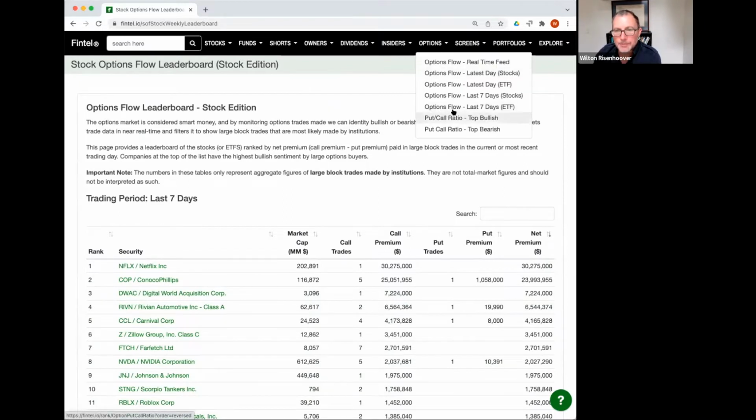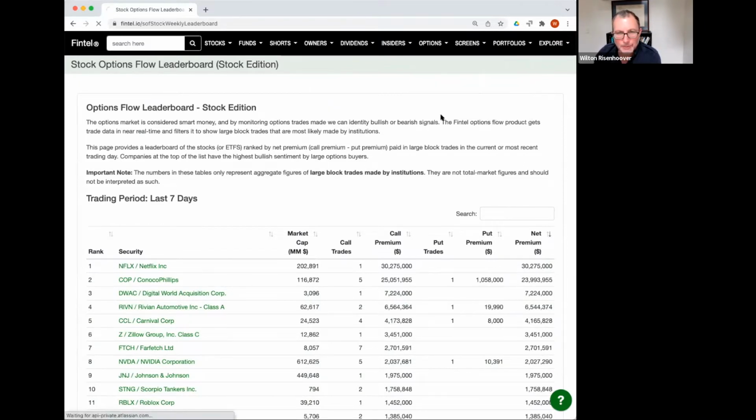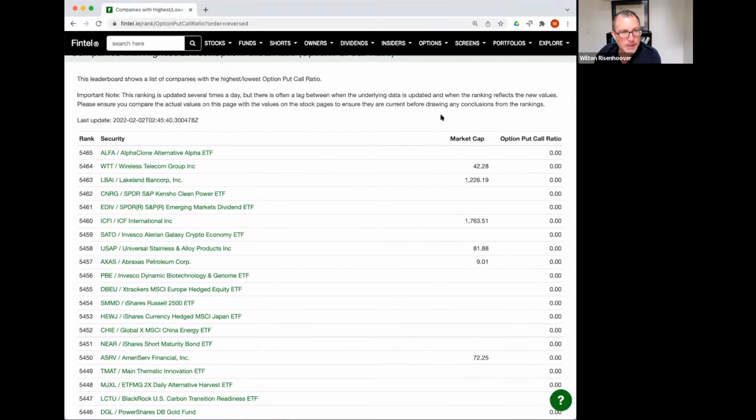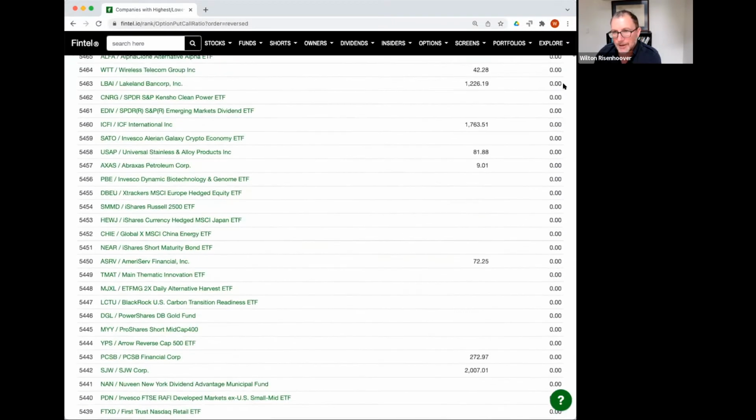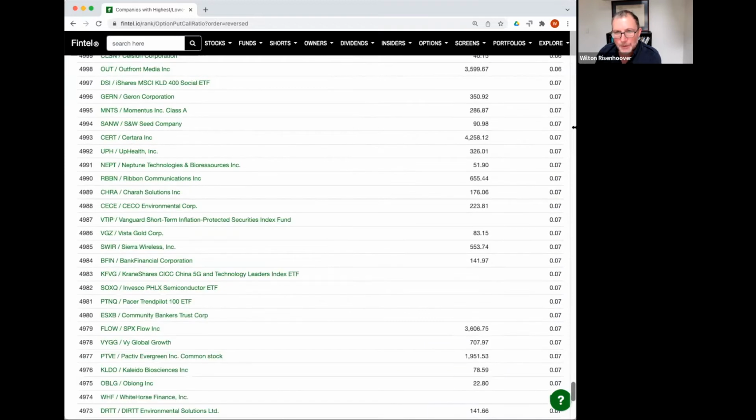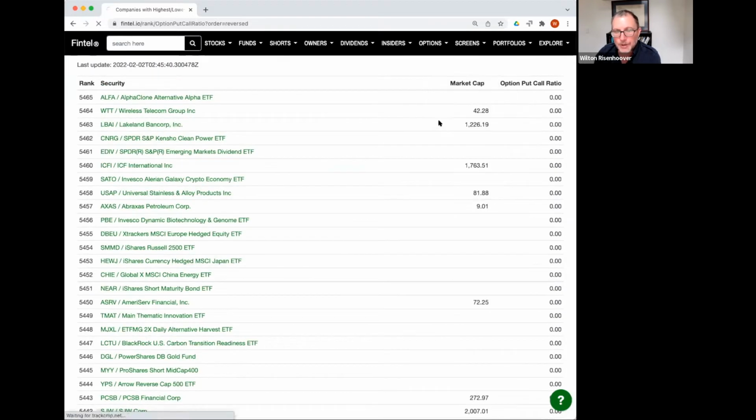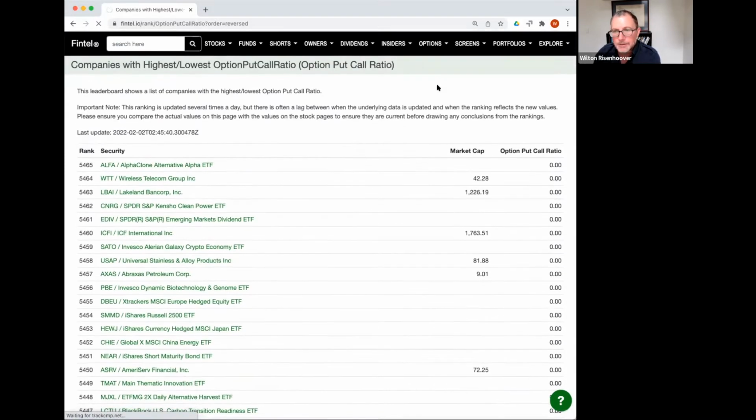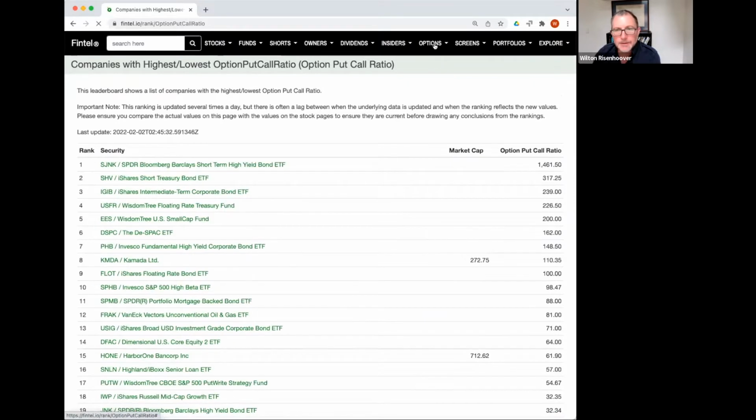We also have some put call ratios, and I'm going to spend a little bit more time on reworking this, because there's a lot of zeros in here. But if I were to go down here and look at this put call ratio, the top is bullish, the highest is a bearish indicator, because a high put call ratio means there's a lot of puts versus calls.